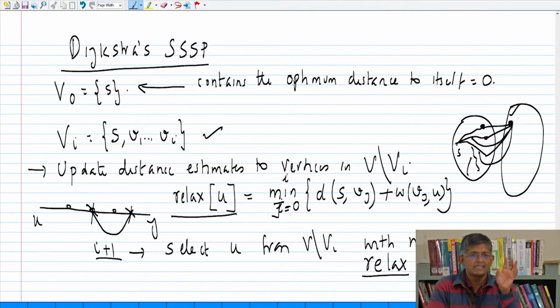you have this relax array, which you updated at the end of the ith iteration. When you enter the i plus 1th iteration, you look at the relaxed data structure and pick that vertex U which has the minimum relaxed value.